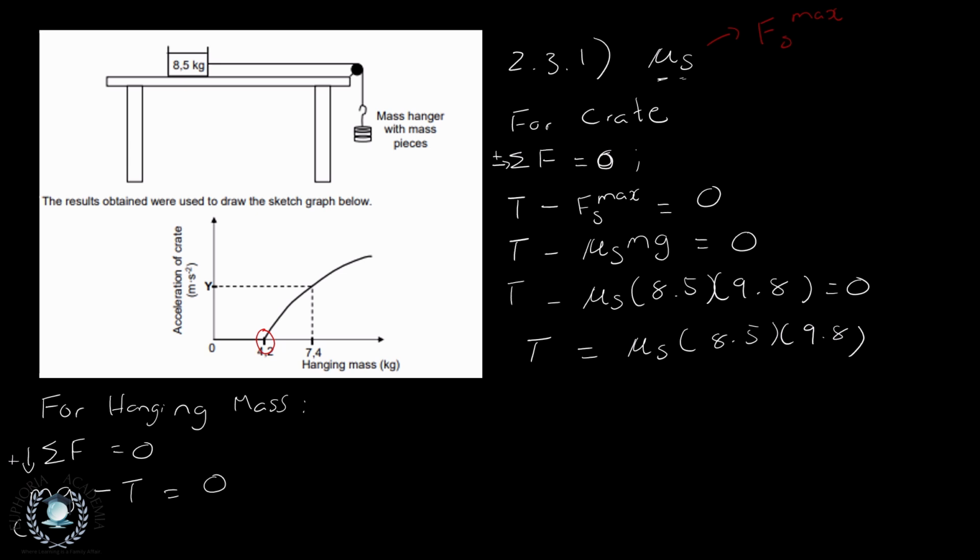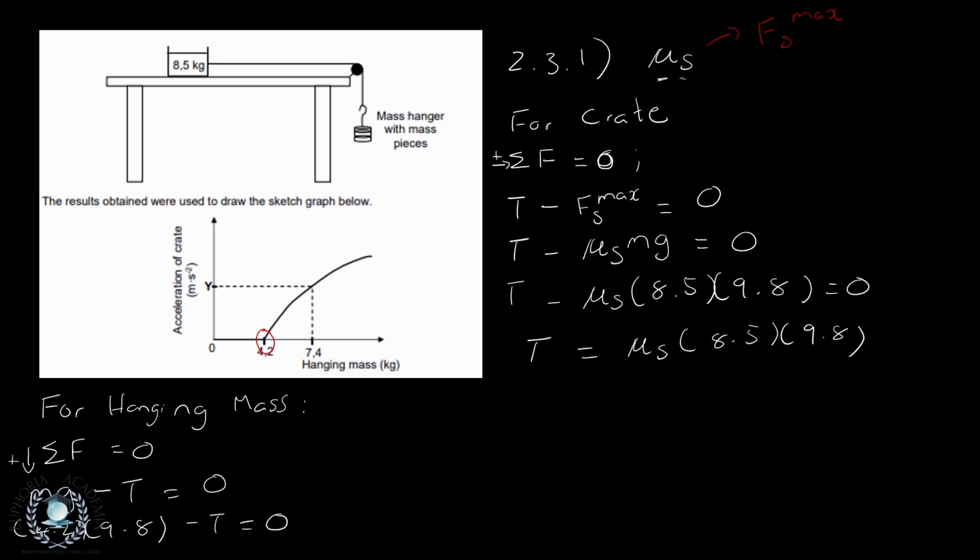And what is our hanging mass at? Well, we already said that it's 4.2 kilograms, and we're just going to multiply that by 9.8, and that minus our tension is going to give us 0.